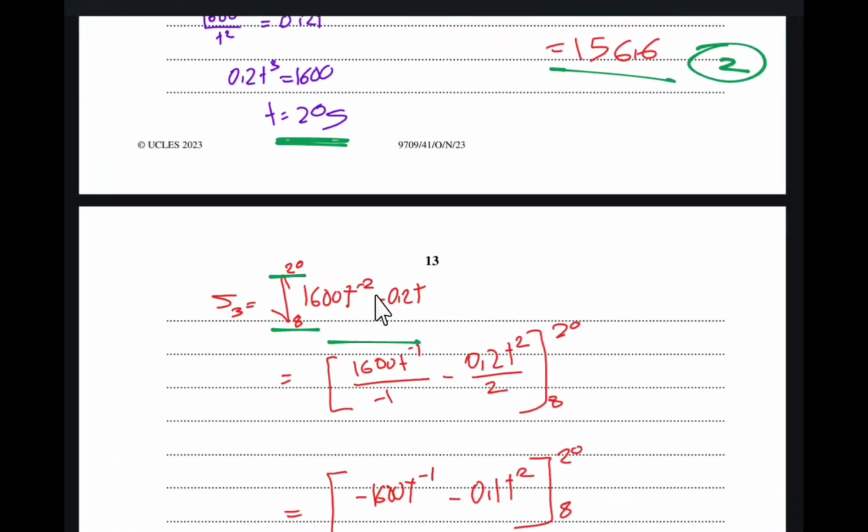That is 1600 t to the power of -2, and 1600 t to the power -2 plus 1, that is -1, divided by -1, minus 0.2 t to the power, as always we add 1 and divide by the new power.